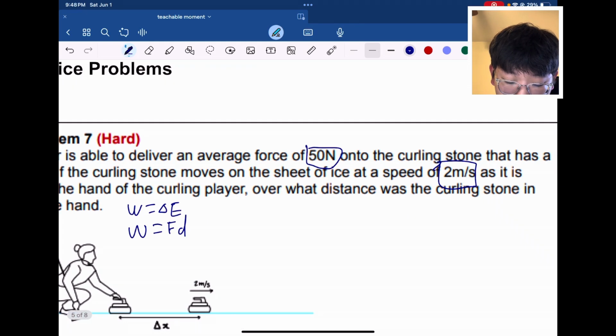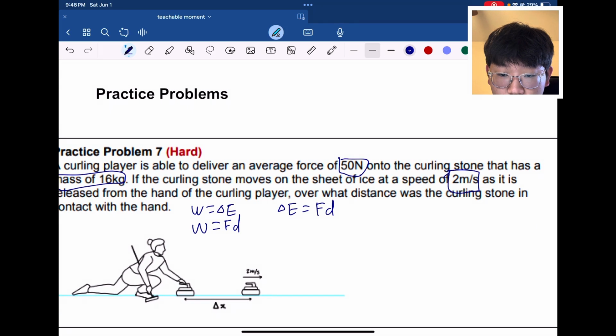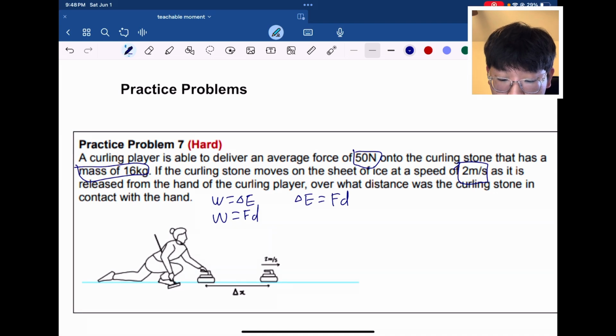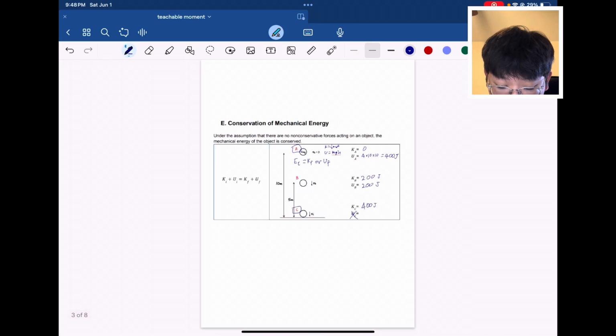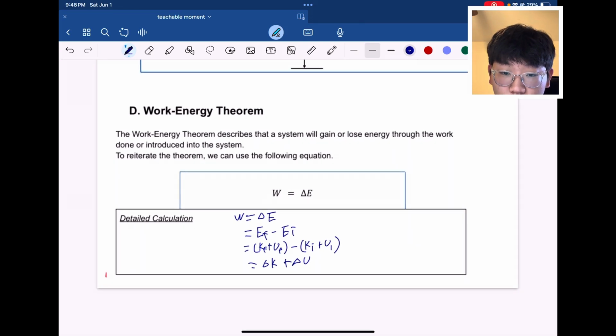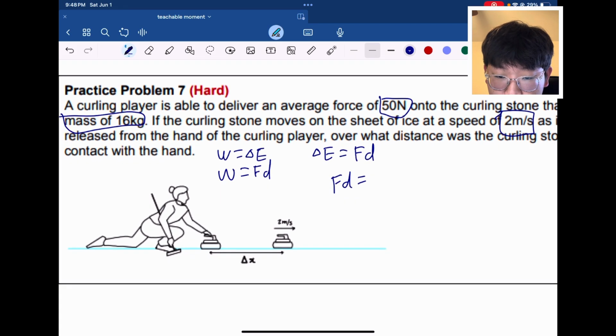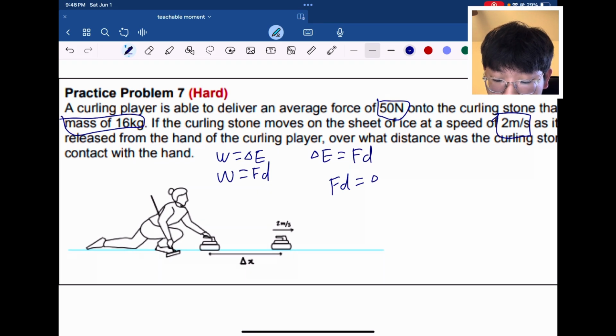So we know change in energy is force times distance, and from the detailed calculation, force times distance is change in kinetic energy plus change in potential energy. Because this object is on the ground, there should be no potential energy.